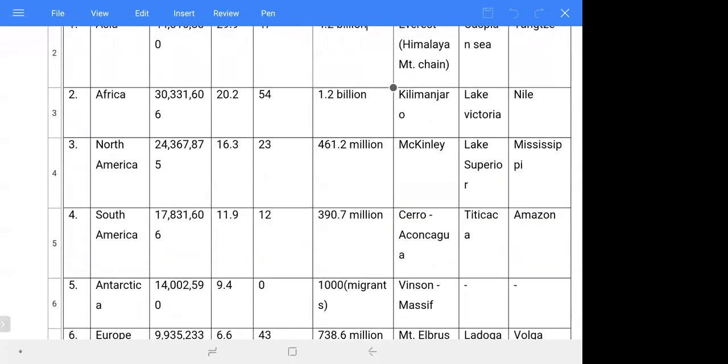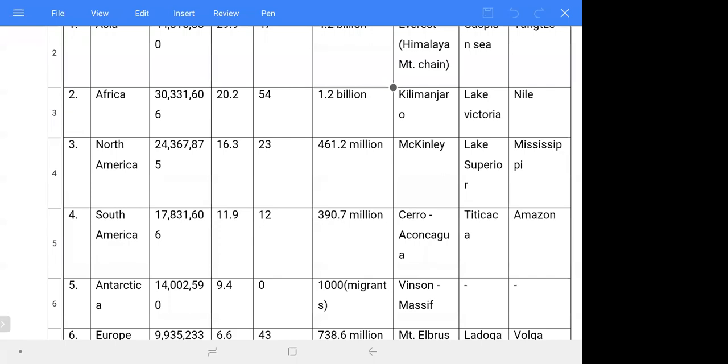When we come to Africa, that's the second most populous and also the second largest. You know a lot about Africa from grade 7. So 30,331,606 kilometers square, yes? And it has a share of 2.2.